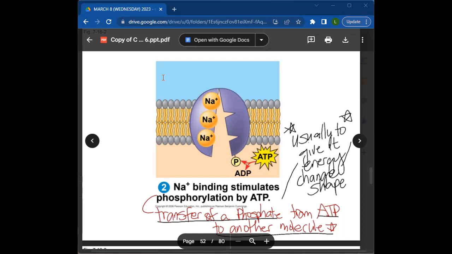Phosphorylation is transferring a phosphate from one substance to another, usually from ATP to another molecule. And when that happens, it's usually to make it change shape or give it energy.